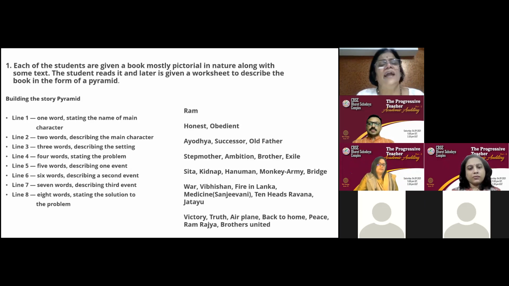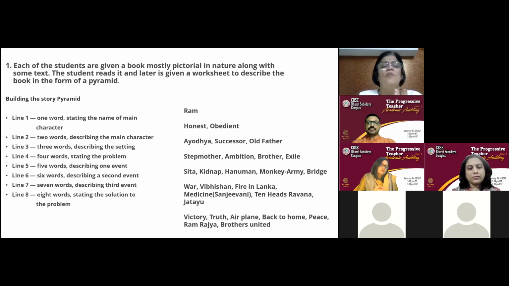Line 1 will be one word stating the name of the main character. Here we are talking about the Ramayana, so it is Ram. Then 2 words describing the main character: honest, obedient. Then line 3, 3 words describing the setting: Ayodhya, successor, old father.